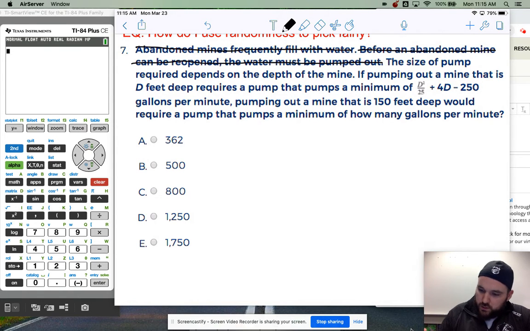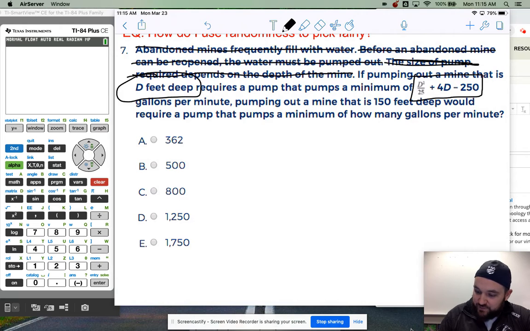That's great. The size of the pump required depends on the depth of the mine. Okay, cool. If pumping out a mine that is D feet deep, so the variable D is going to represent depth here, requires a pump that pumps a minimum of D squared over 25 plus 4D minus 250 gallons per minute.